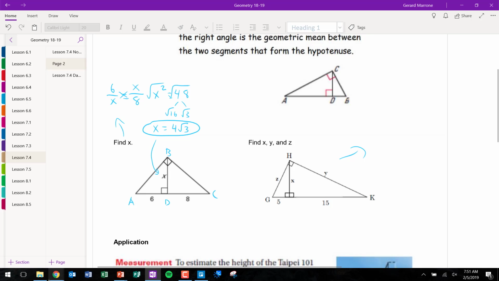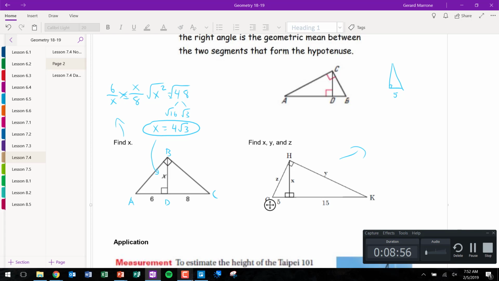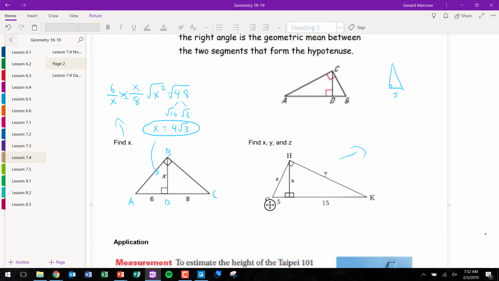So if we do that, my left-hand triangle is going to be 5, z, and x.